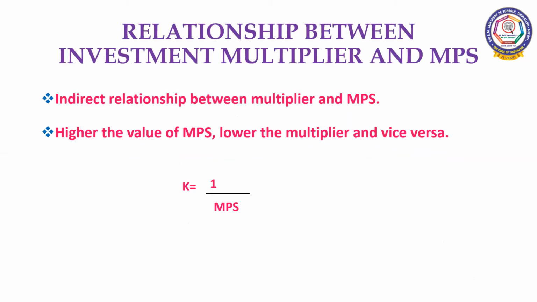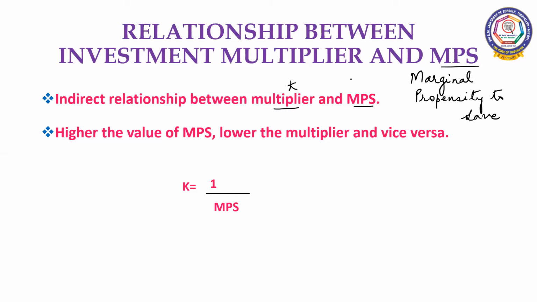This is the relationship between investment multiplier and MPS. MPS is the marginal propensity to save. There's an indirect relationship between multiplier and MPS.